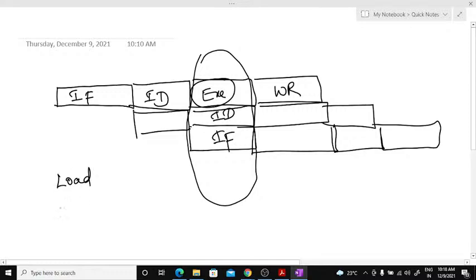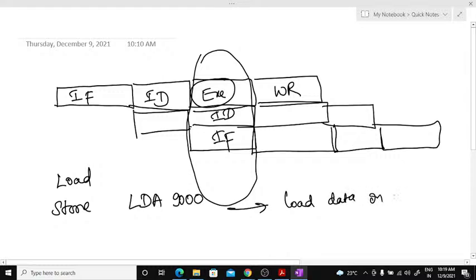Load instruction, store instruction. Like in 8085, LDA address, LDA 9000 means load data from the mentioned address. Similarly, store the content of accumulator to this particular address.